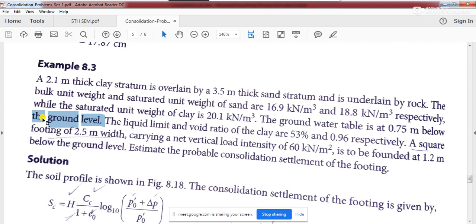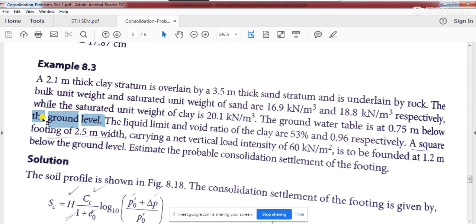So the compression index, as we have observed in the previous class, and as you have seen from the Indian Standard Code also, in absence of the laboratory test data, that means in absence of the e log p curve, you can directly calculate using the liquid limit of the soil, and the formula, I think, is given as Cc is equal to 0.009 multiplied by (WL minus 10).